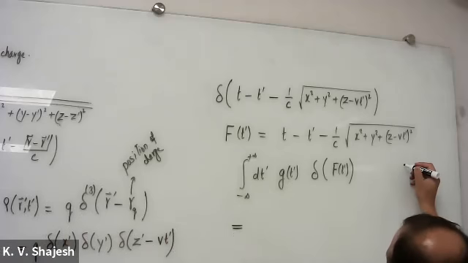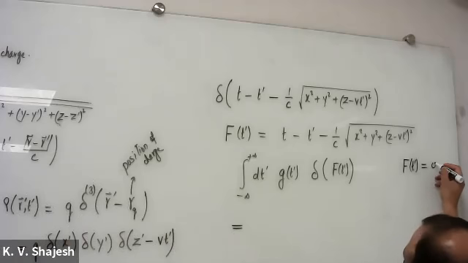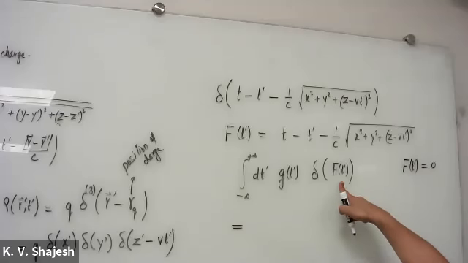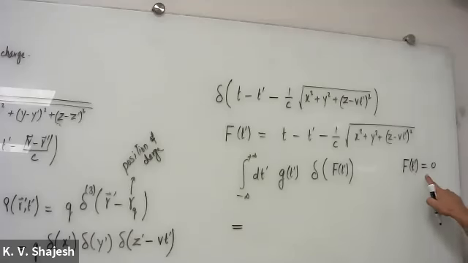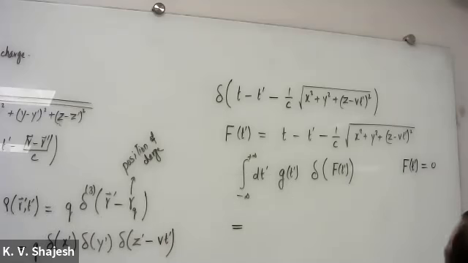So the procedure is, first find the roots of this equation. Because you have to ask, when does this go to 0? Whenever this goes to 0, it will contribute. You ask, when does this go to 0? That's usually a polynomial equation. Sometimes it could even have infinitely many solutions.